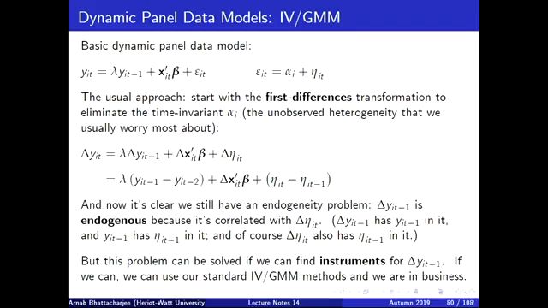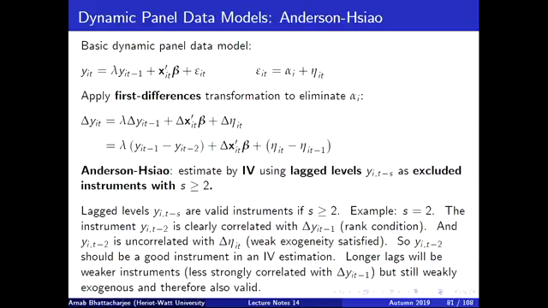Yit minus 2 is correlated with eta it minus 2, but eta it minus 2 is not here. So that can work. We will take this idea forward and try to do GMM by finding instruments for this term. We have done first differences to eliminate the alpha i.